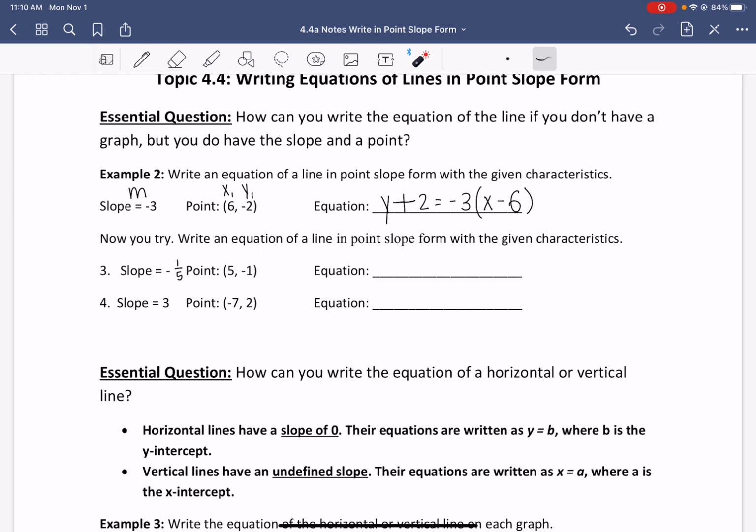Our x1, our positive 6, now looks like a negative 6 here. Our negative 2 here now looks like a positive 2 there. So just double check, before you do anything further, that your points actually change their sign inside of the equation. All right, y'all do number 3 and 4 and check it with the online notes.